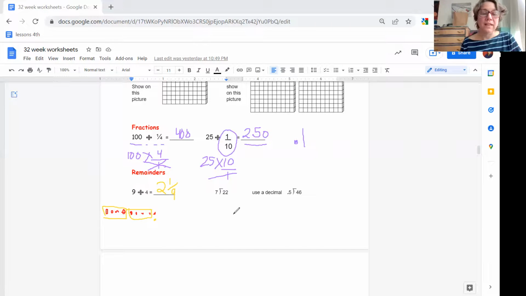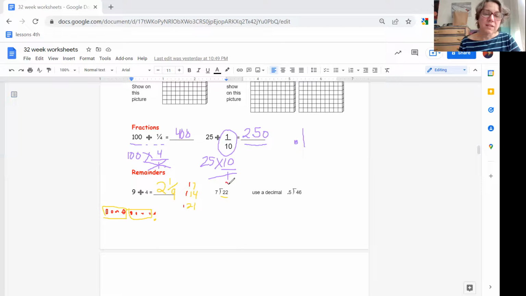2 and 1/9. 7 into 22. So I already know. 7, 14. I'm skip counting. 21. I'm like, hey, 21 is almost 22, but it's a little bit smaller. So I'm going to say that looks really good. 1, 2, 3.